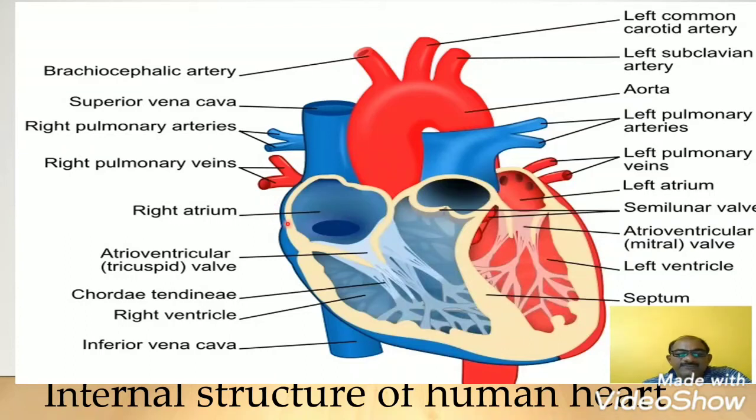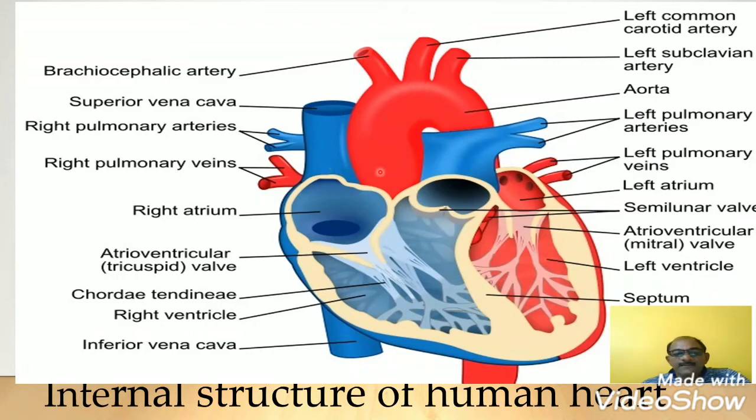The coronary sinus also opens into the right auricle, and this coronary sinus opening is present in that region. This coronary sinus is also guarded by a valve. So in this way, that is the right auricle or right atrium.